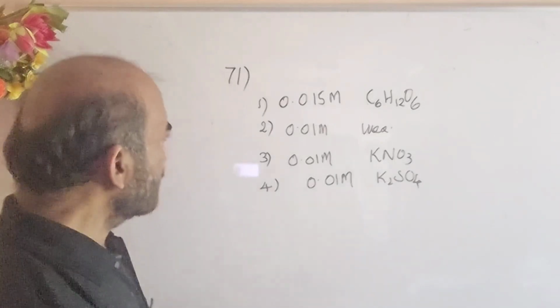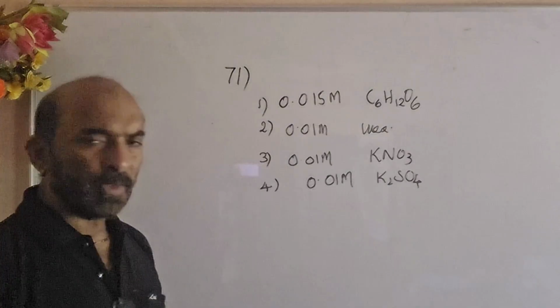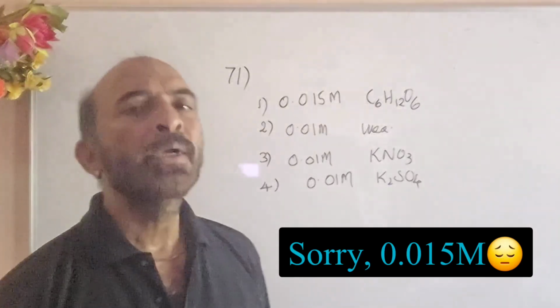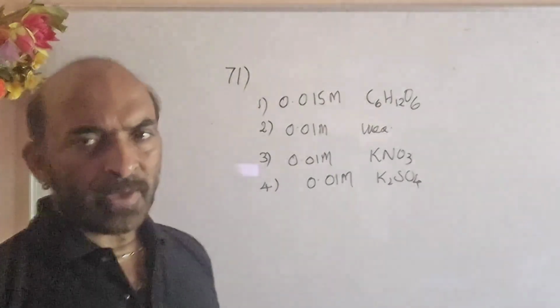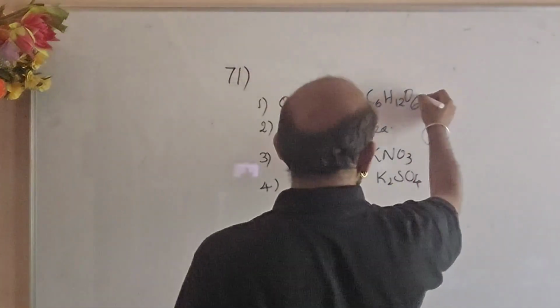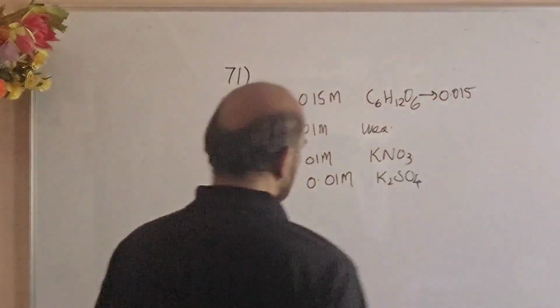Here the solutions they have provided us with is 0.01 molar glucose, C6H12O6. It can be glucose or fructose. In either case they are non-electrolytes. So the particle concentration will be the same, no change.